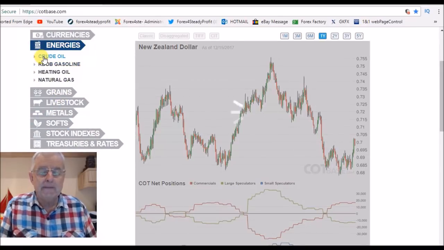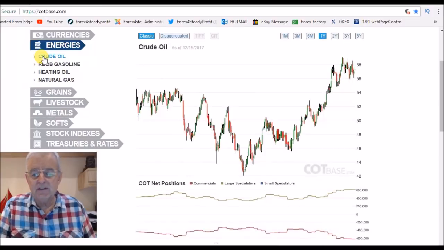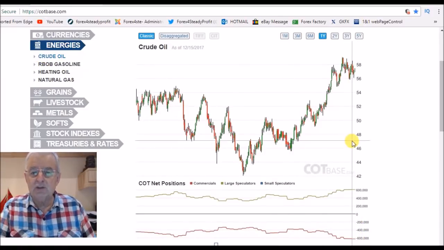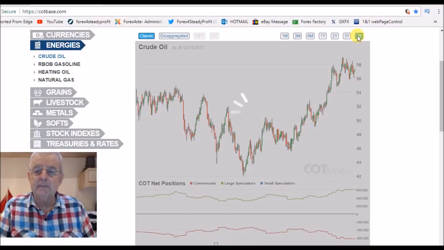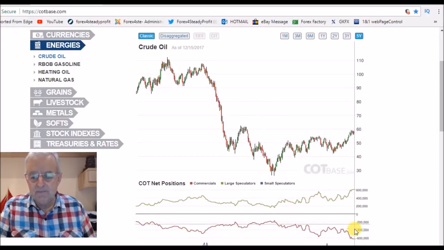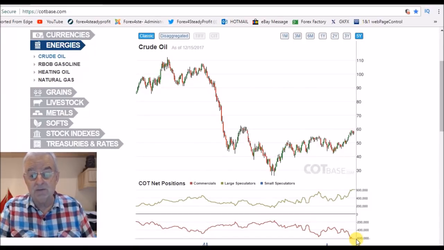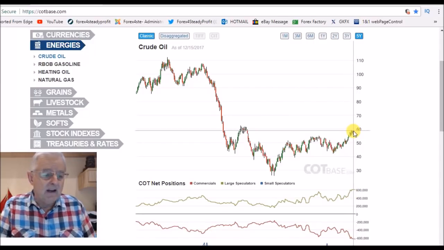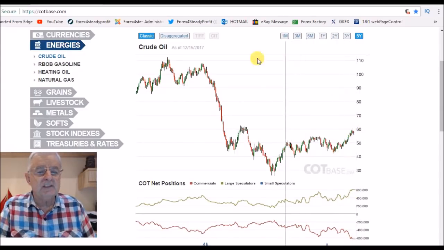Crude oil. I have got quite a nice trade on this actually, short obviously. This is an all-time short position. If I put it on the 5-year chart, this is an all-time short position. This is very bearish for the commercials on the oil price. I'm going to hang on to this trade.